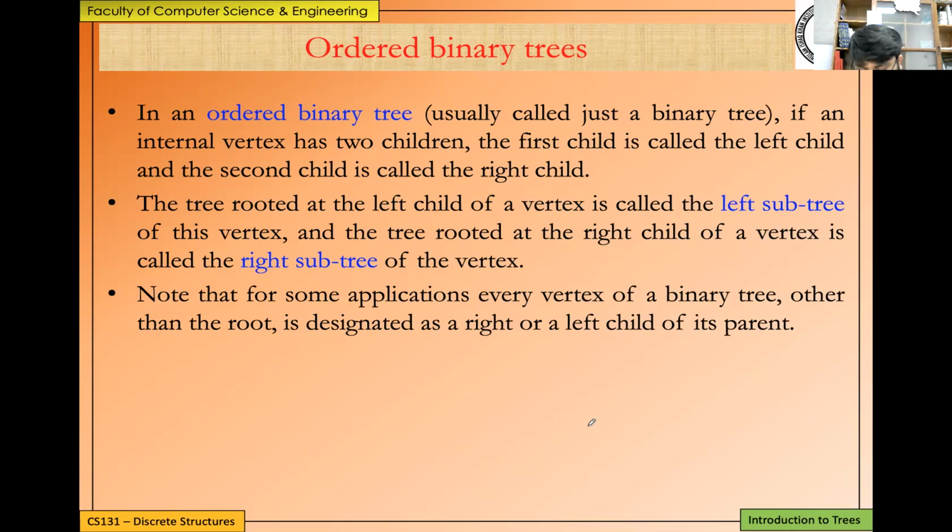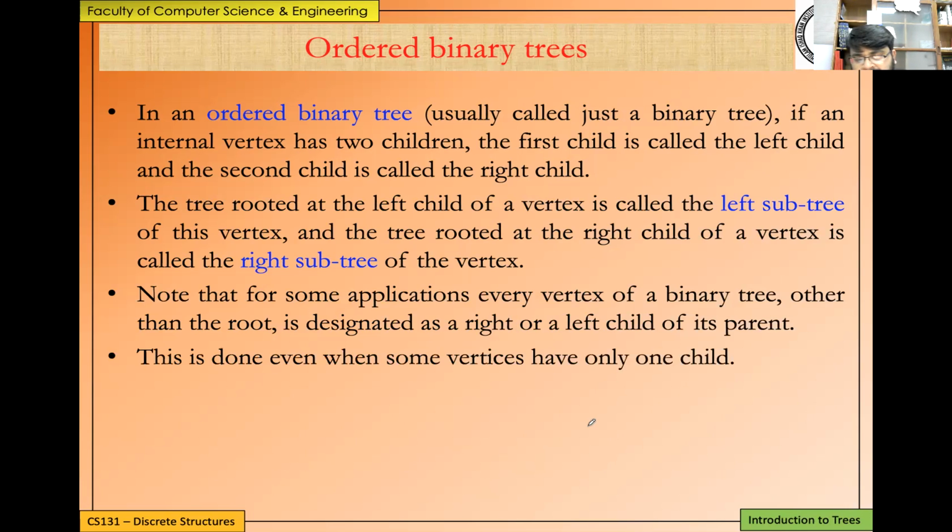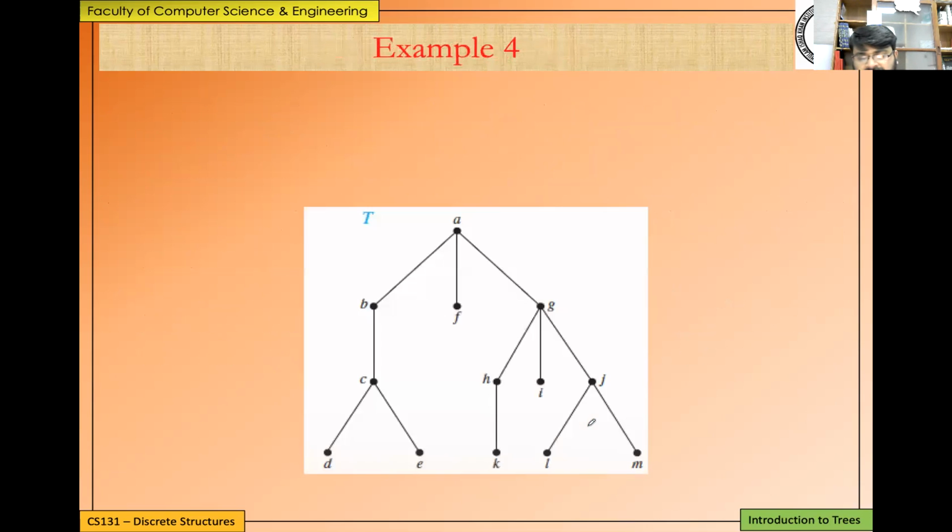The root does not have any parent, so we cannot designate it left or right. This is also done even when some vertices have only one child. In that case, we call them the left subtree or left child.